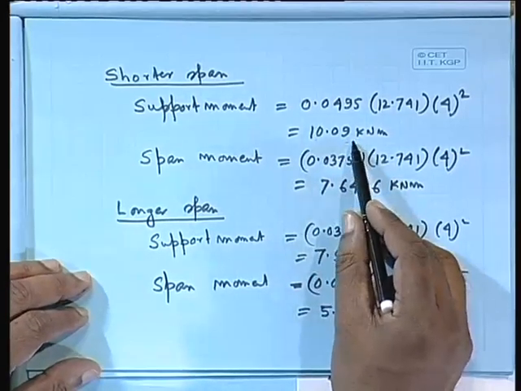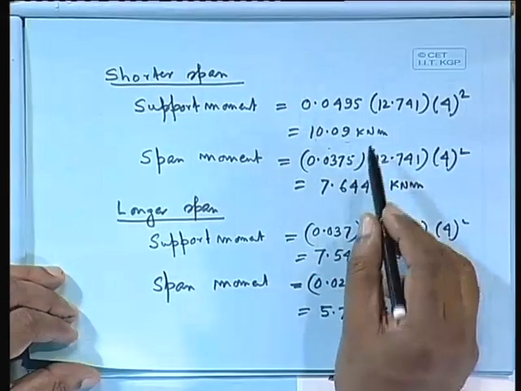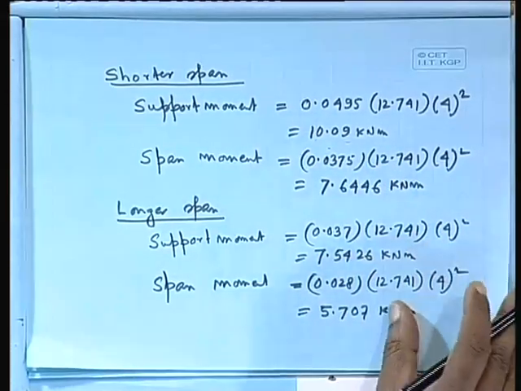So, we can start from here itself, we can find out the depth from taking this moment. So, 10.09 we can take. Let us find out the depth.